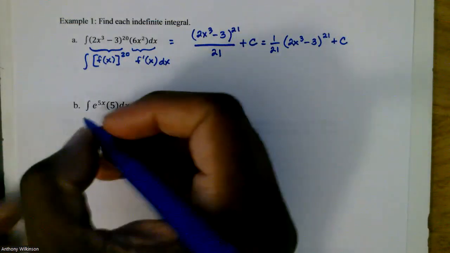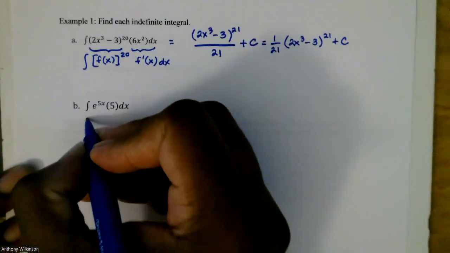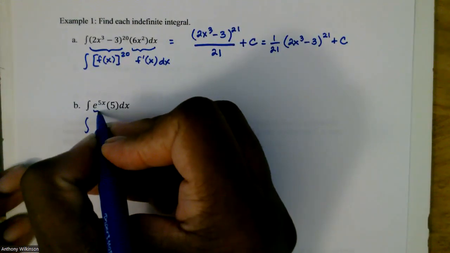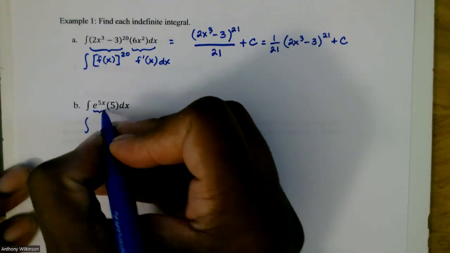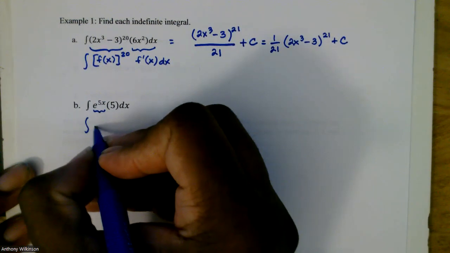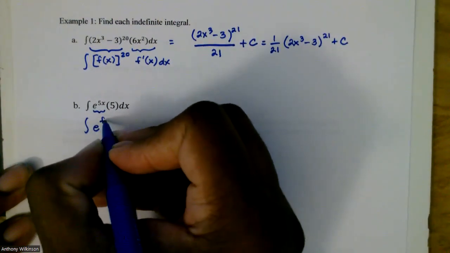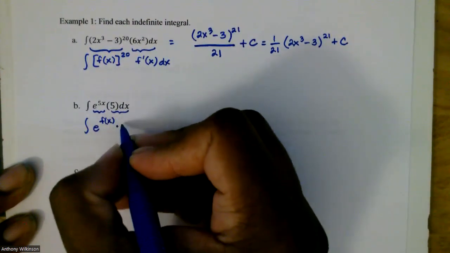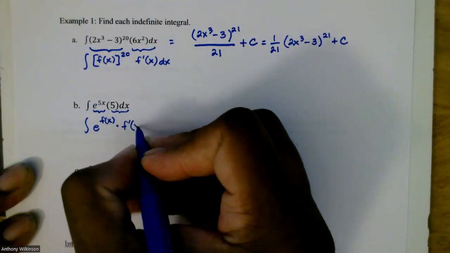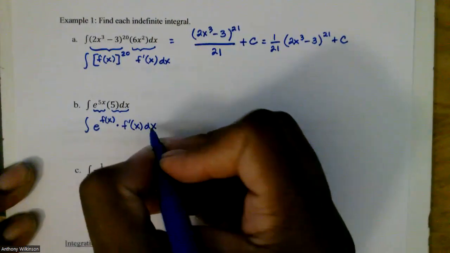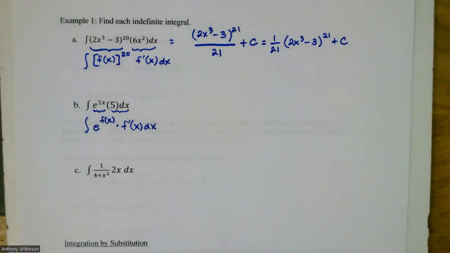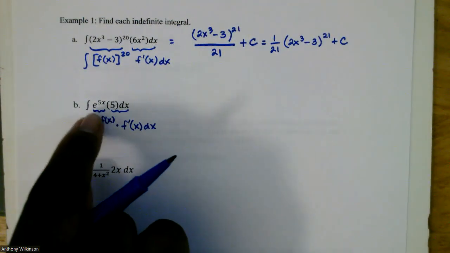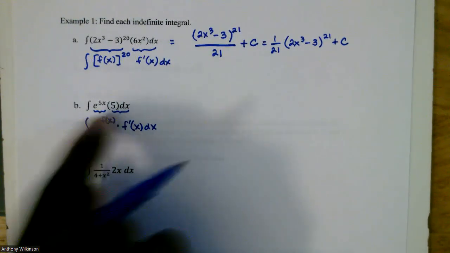Okay, so now in the integral of, let's say, this part right here, e to the 5x, that's like e to the f of x, and that 5 is like f prime of x dx, because if you take the derivative of 5x, you're going to get 5.